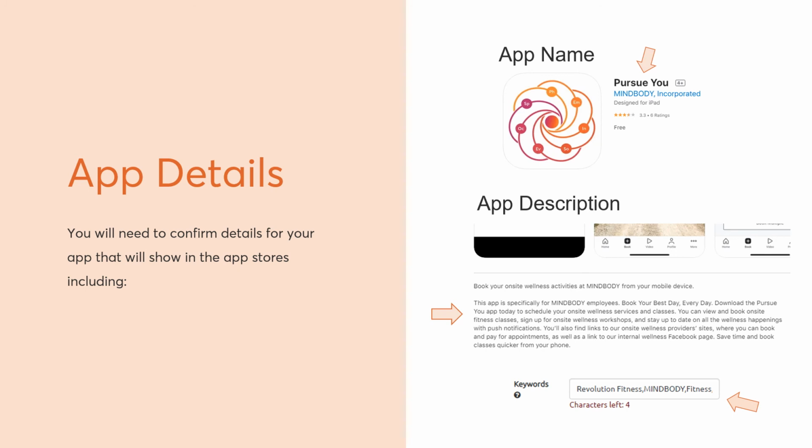Again, these steps can be completed prior or while waiting for your Apple developer account to be finalized, and should really only take a few minutes to complete. It's recommended that you take care of this early so that once your design and Apple developer account milestones have been completed, you're ready to move forward with app launch.